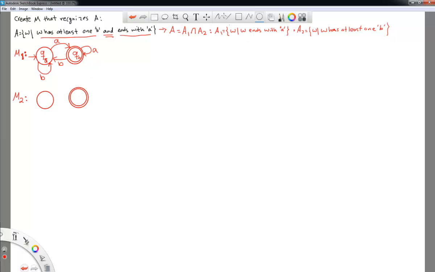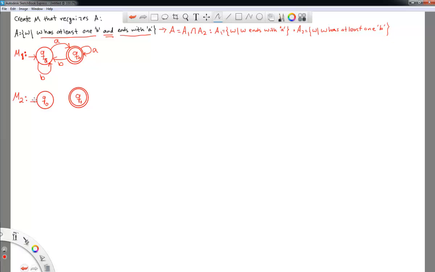So I'm going to call this one Q of 0, meaning that I haven't seen any B, and Q of 1, which means that I have just seen the first B. From this point on, I'm going to either see another B or not, but this language has at least one B, so I must accept it.